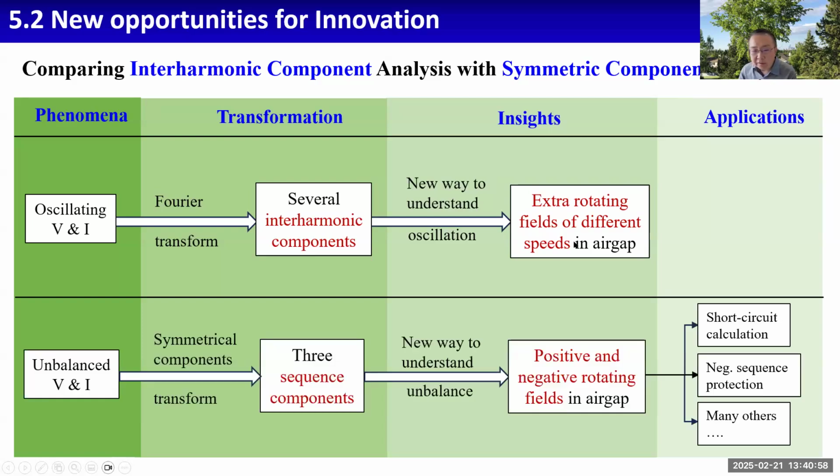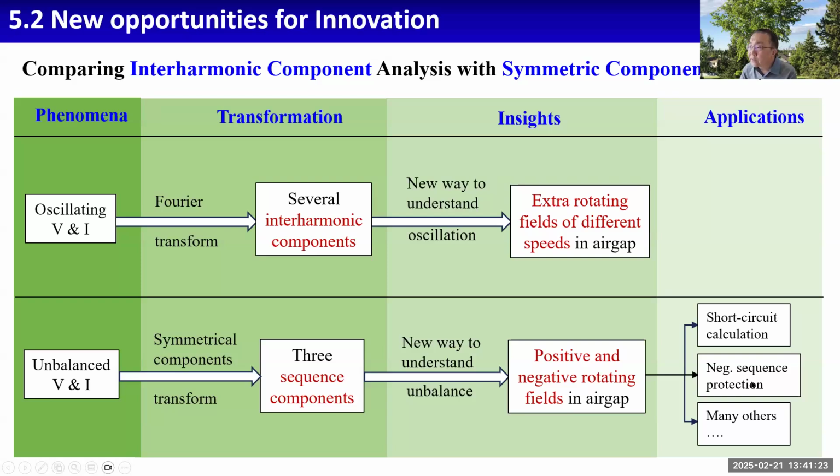There is a parallel here. When we have unbalanced phasors, we use a symmetrical components transformation. We get sequence components, and then we have a new way to understand unbalance. For example, we have positive and negative rotating magnetic fields in the gap of a synchronous machine. Then we develop different methods for unbalanced analysis.